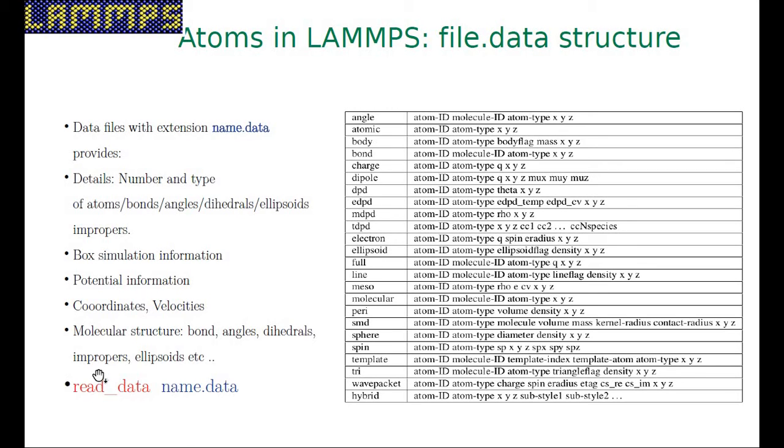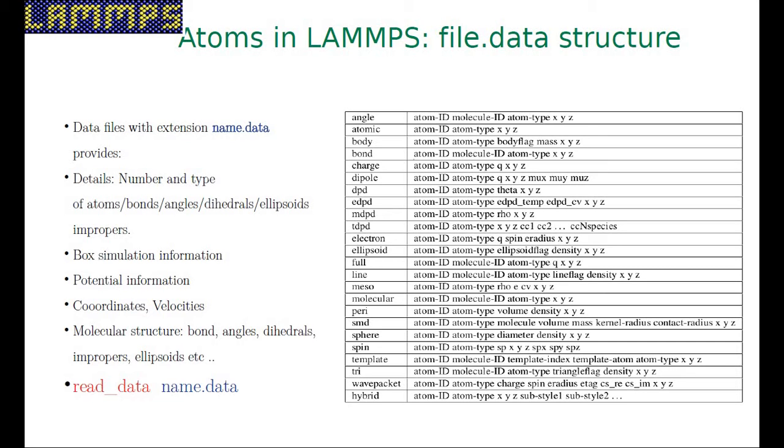In this table, we see different kinds of atoms: angle, atomic, body, bond, charge, dipole, DPD, EDPD, MDPD, TDPD, electron, ellipsoid, full, line, meso, molecular, peri, SMD, sphere, spin, template, tree, wave packet, hybrid. Every kind of atom has certain structure.